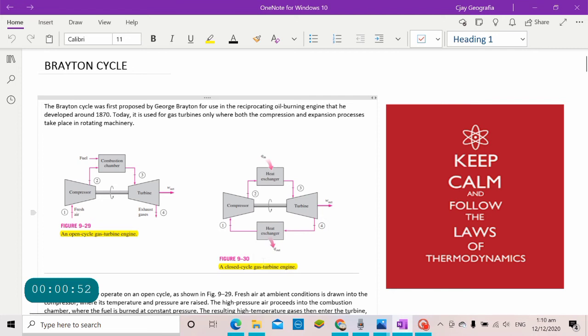So, as you can see, in an open cycle turbine engine, as shown in figure 9.29, and in figure 9.30, is an example of a closed cycle gas turbine engine. There is a difference between the two.